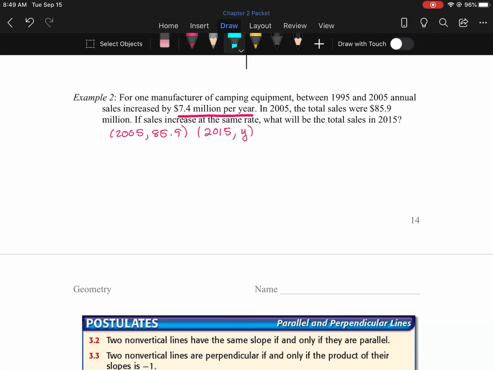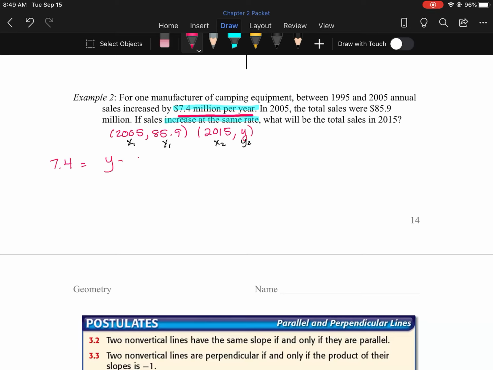The key word, it says, if the sales increase at the same rate. This is the rate they're increasing. So that is actually my slope. So I'm going to set 7.4 equal to, and now let me label x1, y1, x2, y2. Now substitute in what we know.